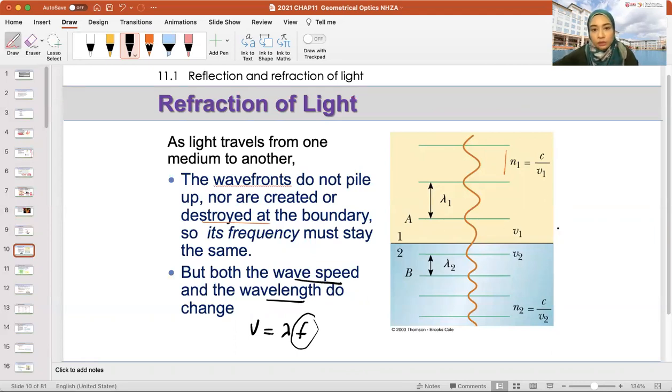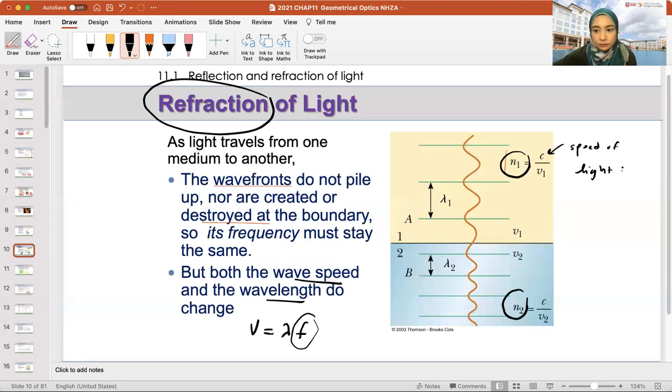So here we know that when we have different speeds, we will have different index of refraction. Index of refraction is labeled as n. So here we have n1 and n2. n1 is equal to c over v1, where c is the speed of light in vacuum. And this is a constant. It will be given to you in the exam or in your quiz, because chapters 11 and 12 are in your quiz.